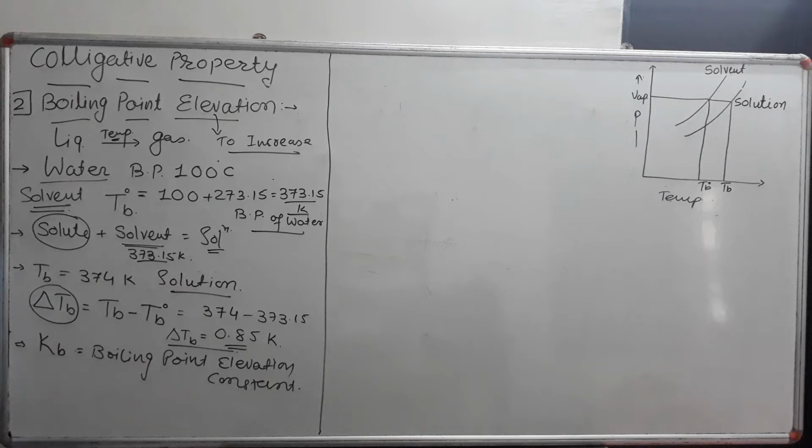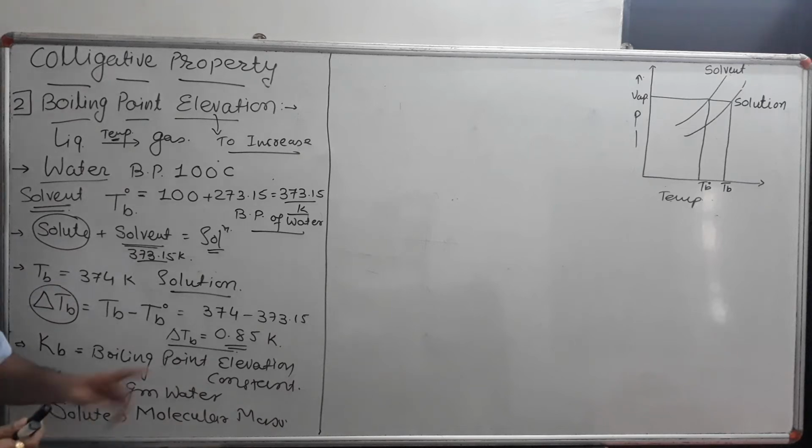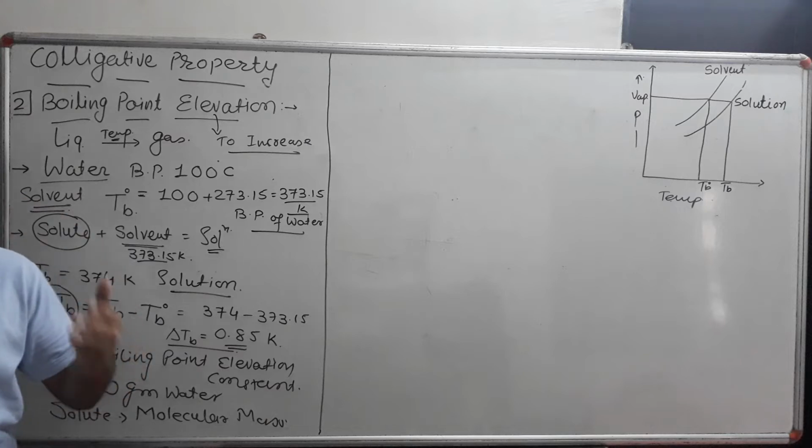Two important things you have to remember: we have to consider 1000 gram of water, and also the solute is to be taken as per its molecular mass. So if we consider the mass of solute as per its molecular mass, for example, suppose we are considering NaCl.